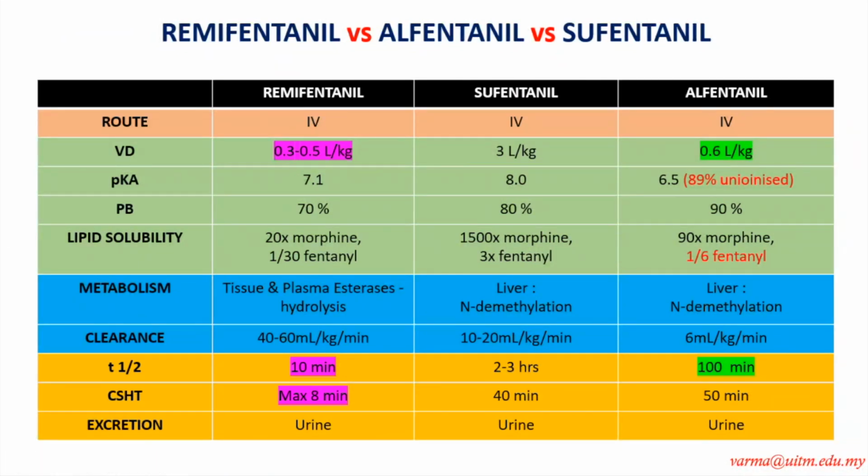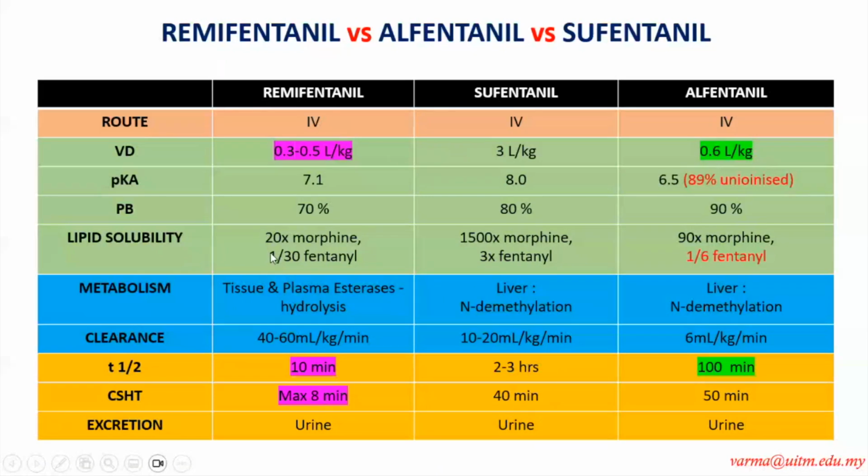I think I made this for the TIVA workshop. Again, I've mentioned here the VD, the clearance, and the CSHT. I'll give you this slide: if the question is purely on the pharmacology of opioids, to compare and contrast the pharmacokinetic properties of remifentanil versus alfentanil, maybe you can use this table.